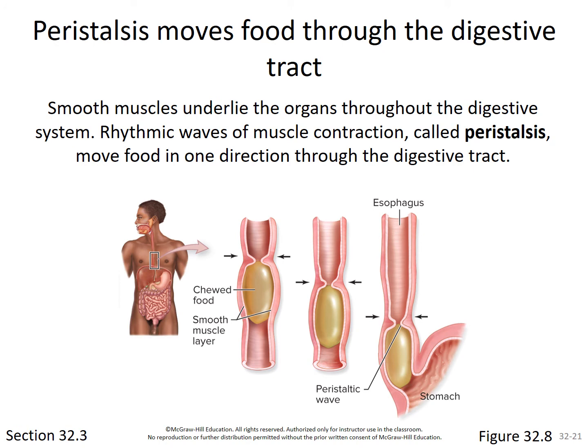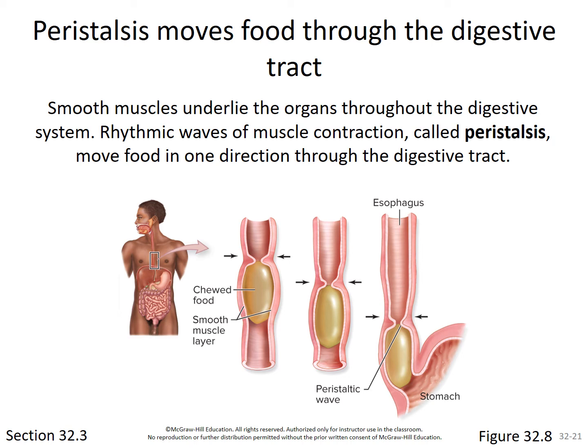So the first concept that I want you to see in terms of the digestive tract itself, the human digestive tract, is what actually moves food through it. And so this is a process that's called peristalsis, which is waves of muscle contraction. So the slide says that smooth muscles underlie the organs throughout the digestive system.